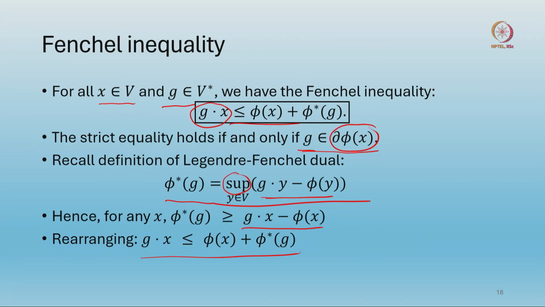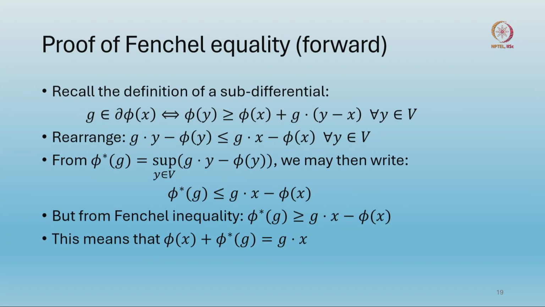We said that if and only if, that means if G belongs to del phi x, then this equality is valid. But I can argue it from the converse side, that means if this equality is valid, then G must belong to del phi x. If that if and only if condition has to be met, then I should prove this both ways, okay. So this is exactly what we propose to do now.